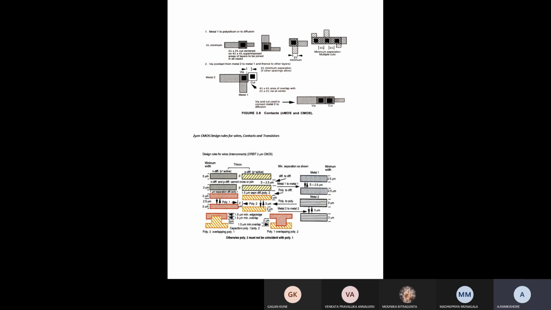Here the external box is 4 lambda into 4 lambda, and the internal box is 2 lambda into 2 lambda.